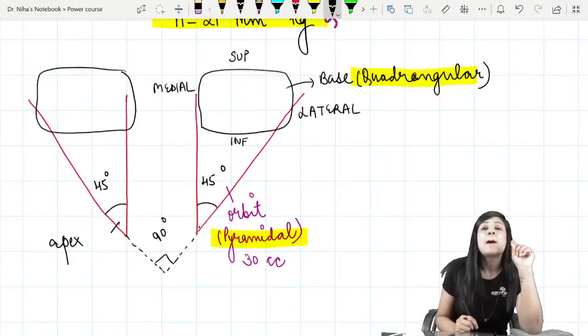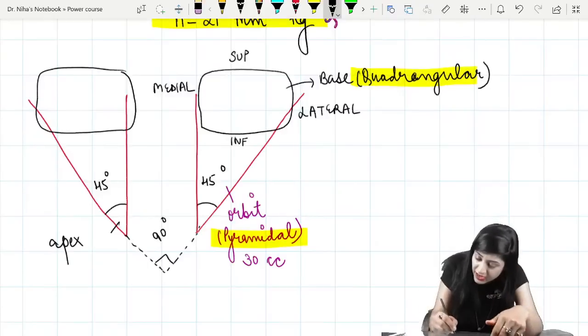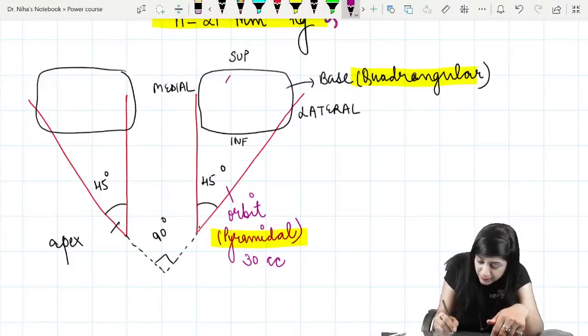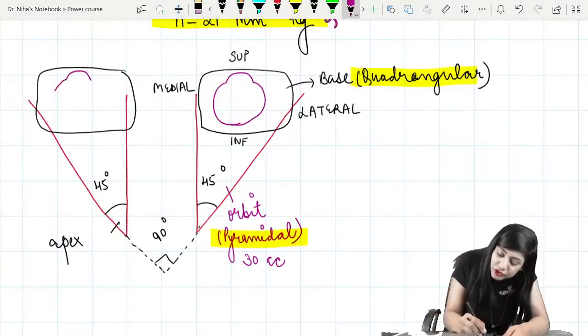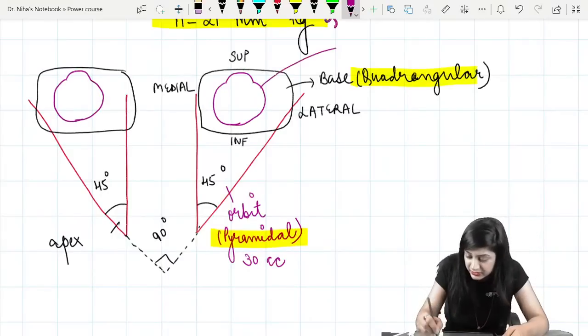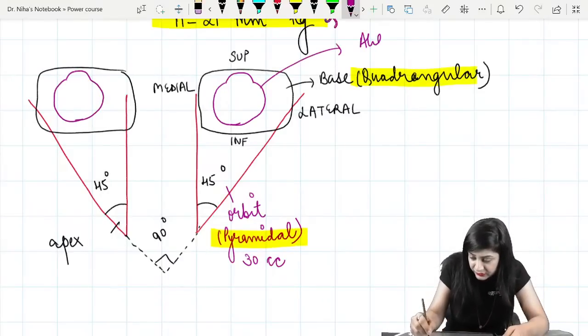This is the basic structure, and inside the base lies the eyeball, an oblate spheroid, with the extra curvature anteriorly.